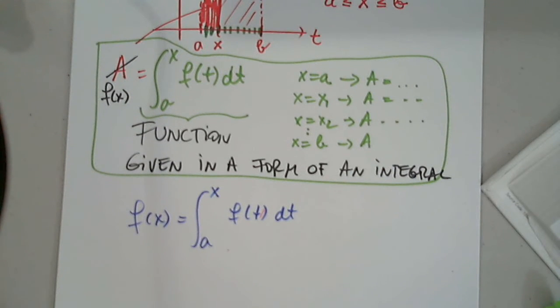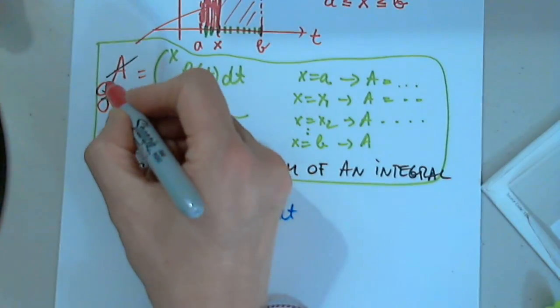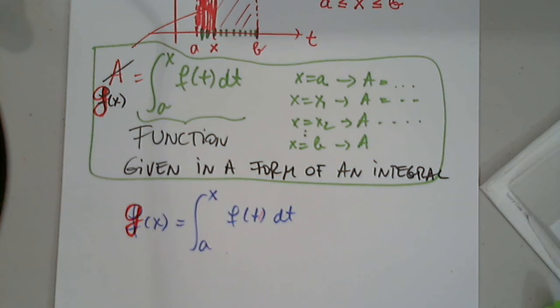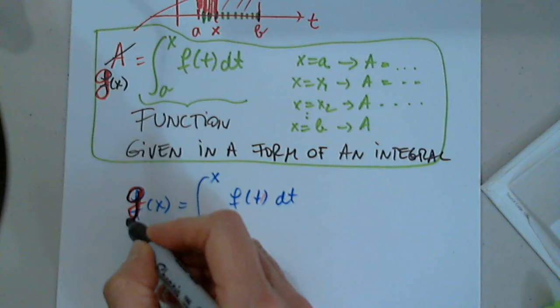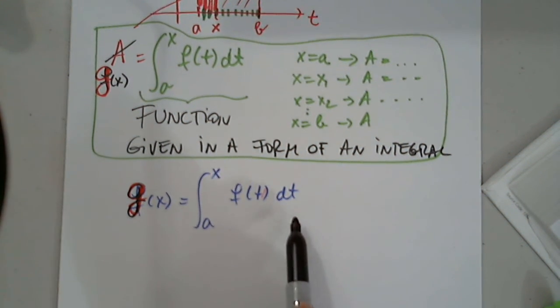It is even better not to use f. I'm going to use g because it's confusing. So I'm going to use g. It doesn't matter how we call it, but let's call it something else, not f. So we created a function called g of x that is a function given in the form of an integral.